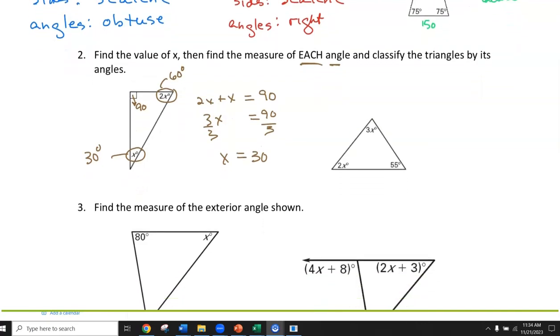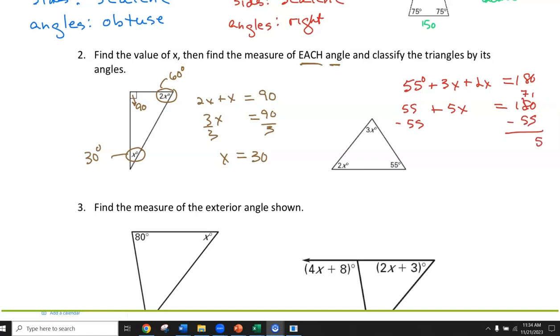Let's use the triangle sum theorem, which tells me that in every single triangle, all of the angles add up to 180. So I'm going to do my math here. That's going to be 5x plus 55 equals 180. Subtract 55 from each side. If I'm going to borrow, 10 minus 5 is 5.